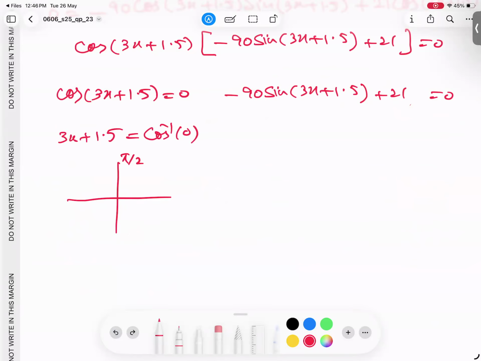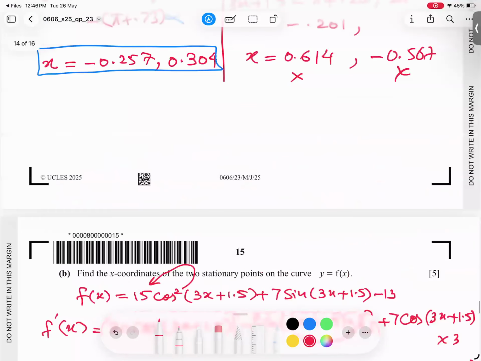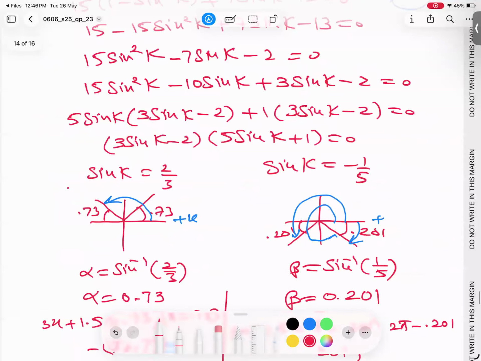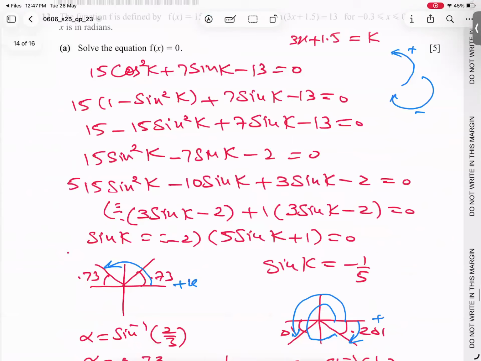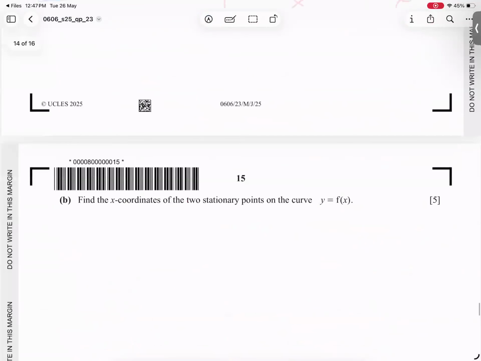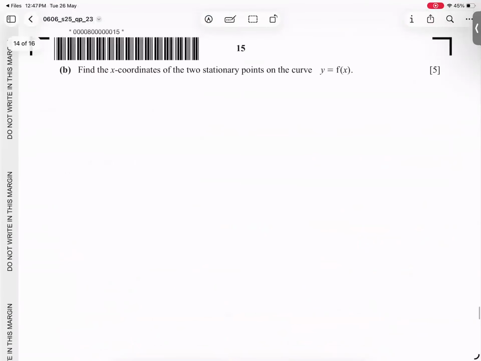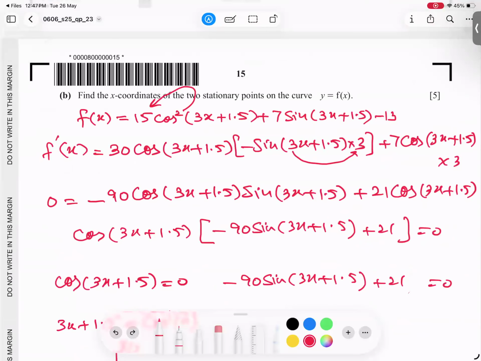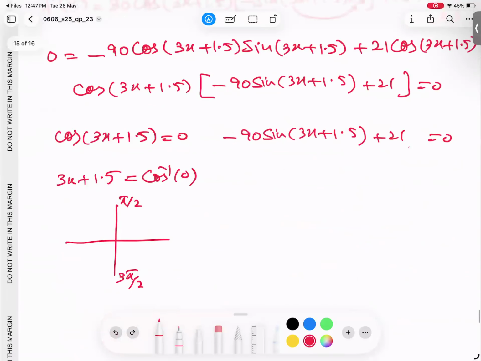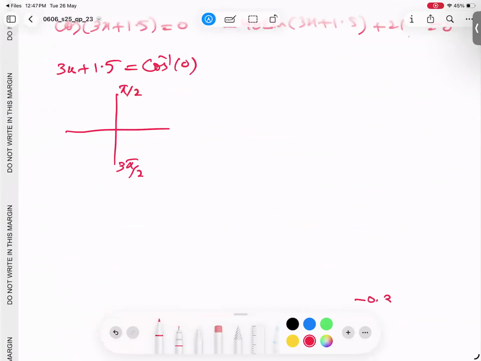And again, we have to keep our eye on it because our answer must be in the range negative 3 to 0.5. So I'm writing it on another page, so at least we can focus on it. My answer must be from negative 0.3 till 0.5.